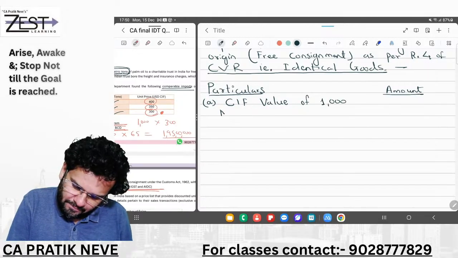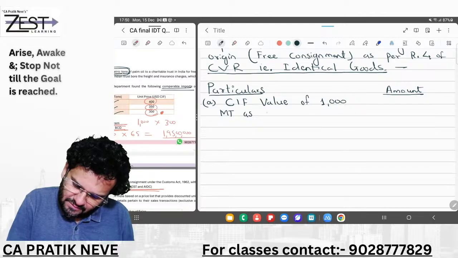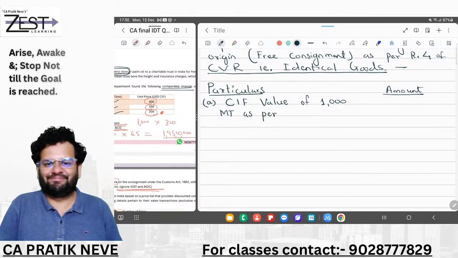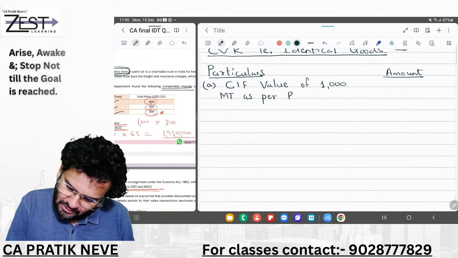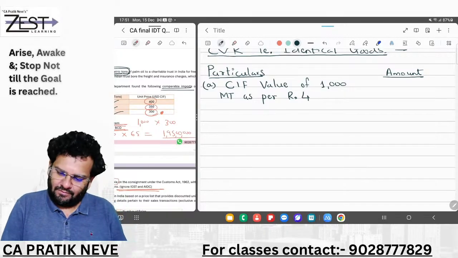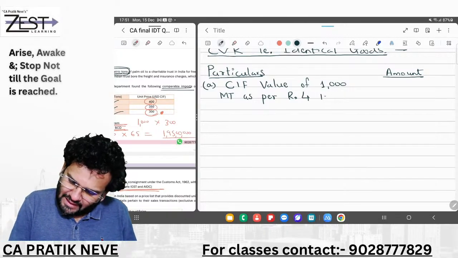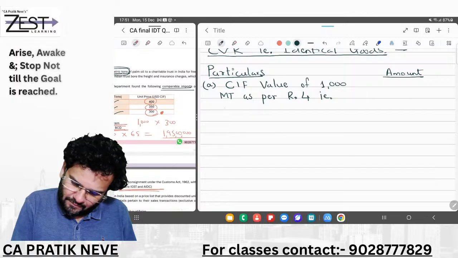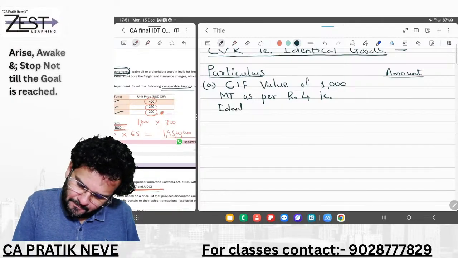1000 metric tons as per rule 4, that is identical goods.